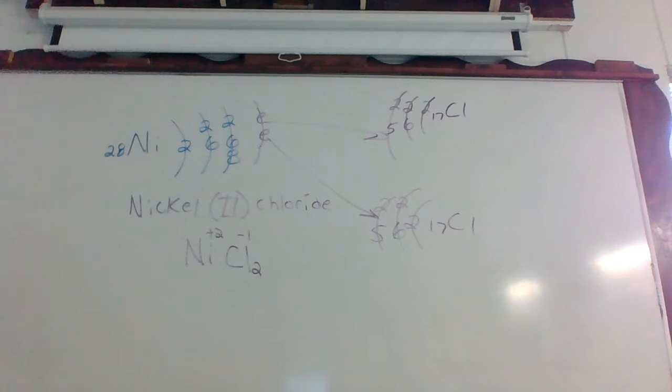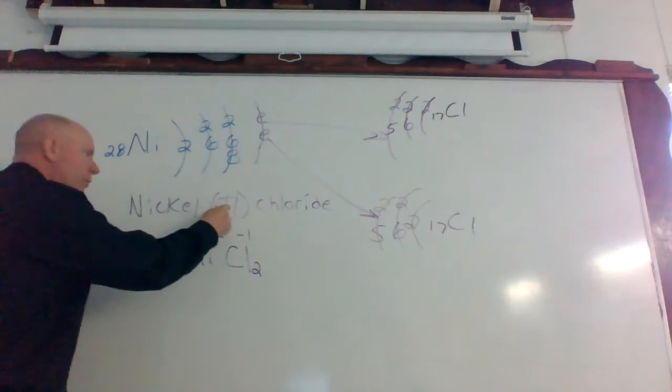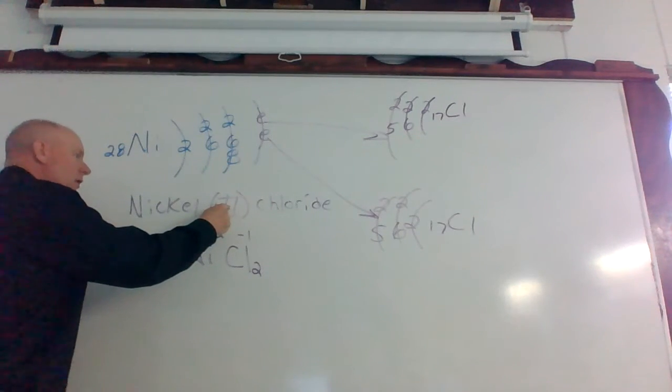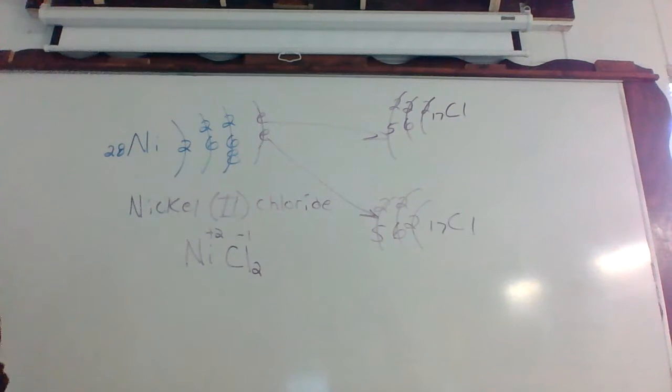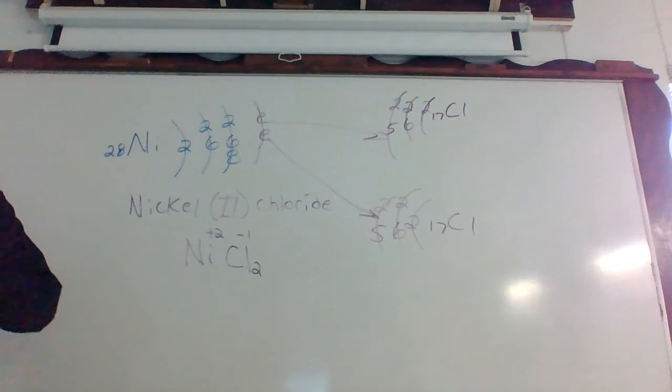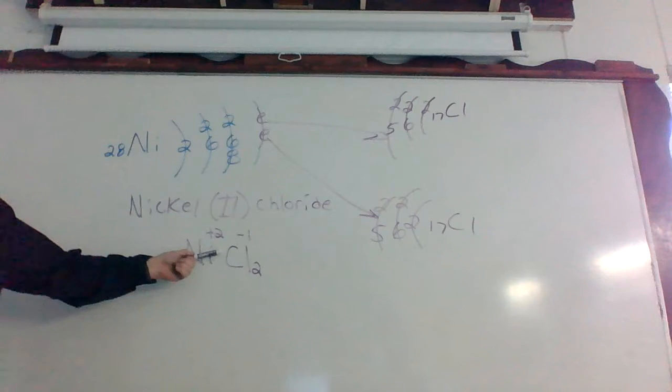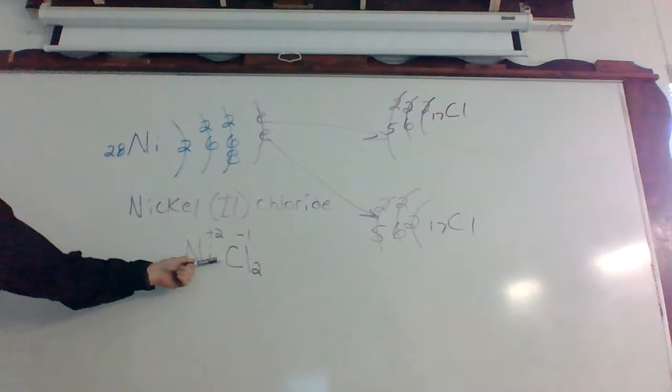Okay, so why do you suppose we got that Roman numeral there? Because it's a plus 2, because nickel can also be a plus 3. So that's why we really don't, we have maybe done probably no more than 5 of these when you were a freshman, but you have to know the charge.